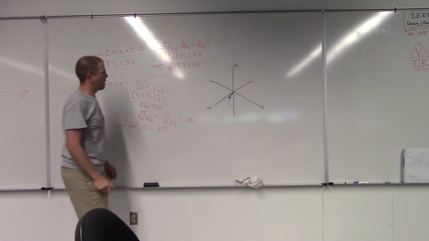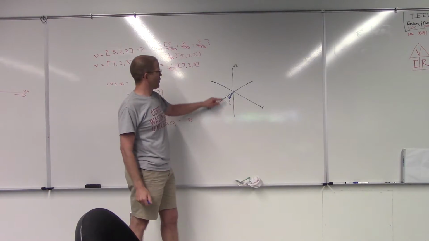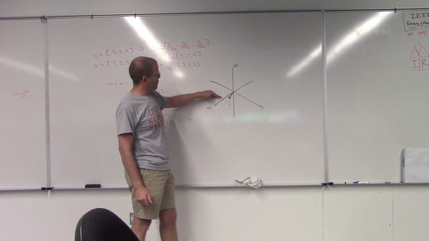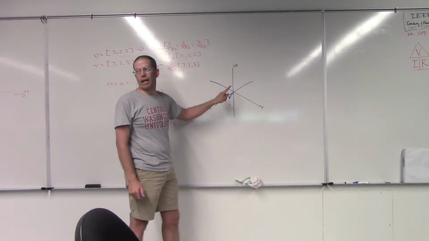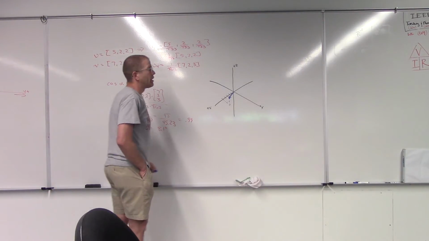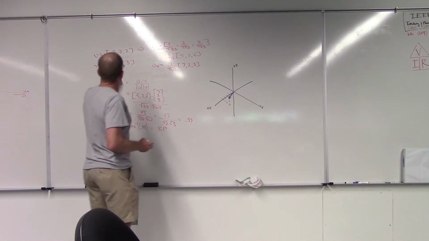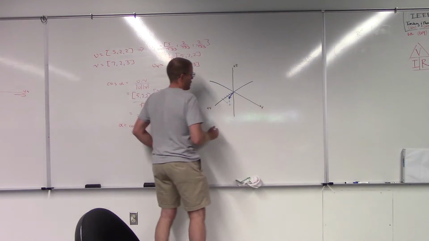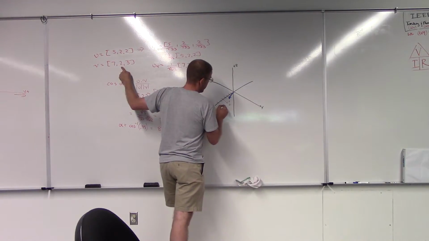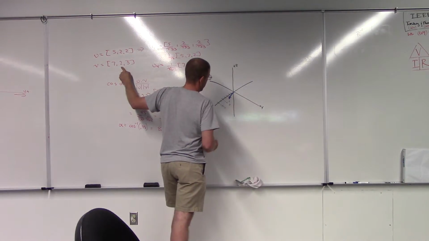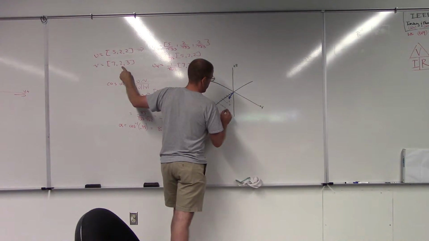This is a pretty common approach to drawing 3-dimensional vectors: do your x, then your y, then your z translations. That way you can map it out in 3 space. Then our v vector goes along the x-axis 7, over 2 in the y direction, and then up 3.